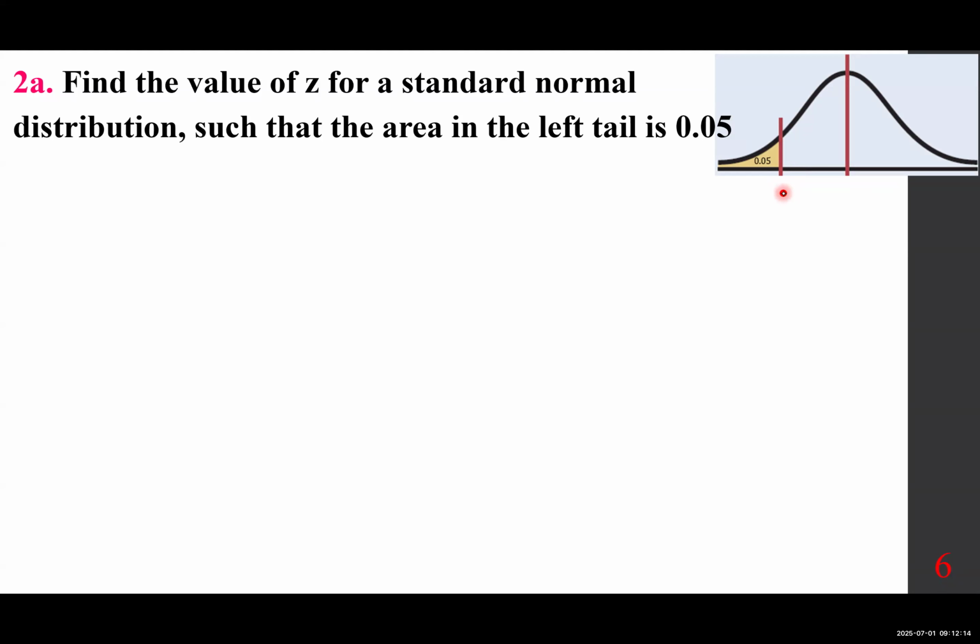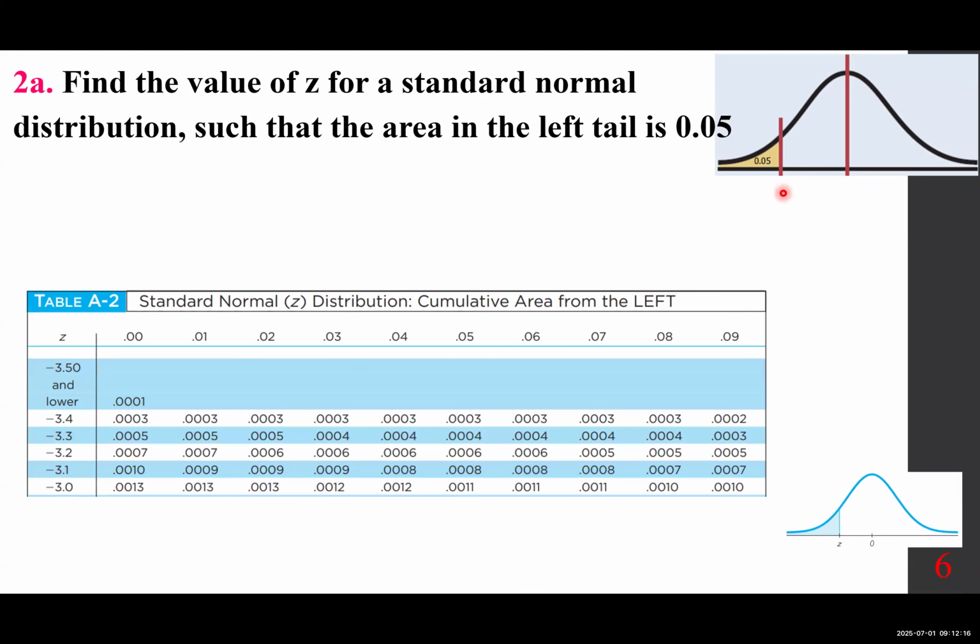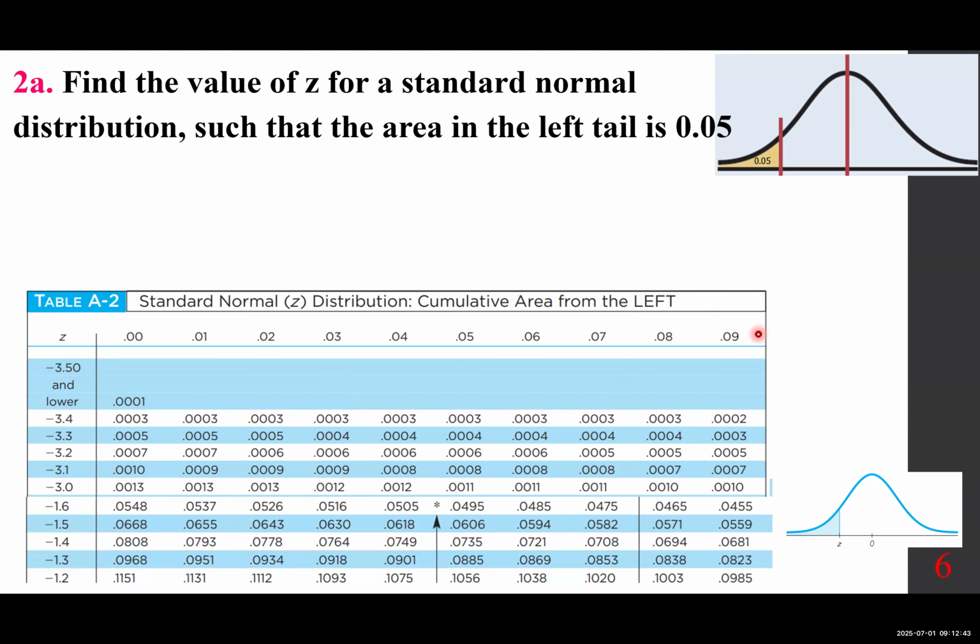Okay, so how do we go about that? If you look at the table, and I don't have room for the entire table, that's why I got a portion of it, so the numbers are large enough for you to see. We are looking for the area of 0.05 inside. Remember, the z-score is the left number, which has 1 decimal, and then this is the second decimal. So if we continue, we notice, again, look at these two numbers.